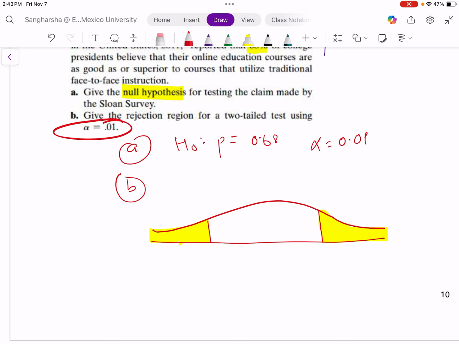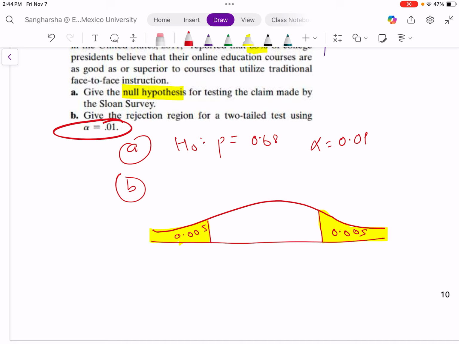So each area would be equal to half of 0.01, which is 0.005. So this is 0.005, this is 0.005. So this is our rejection region.